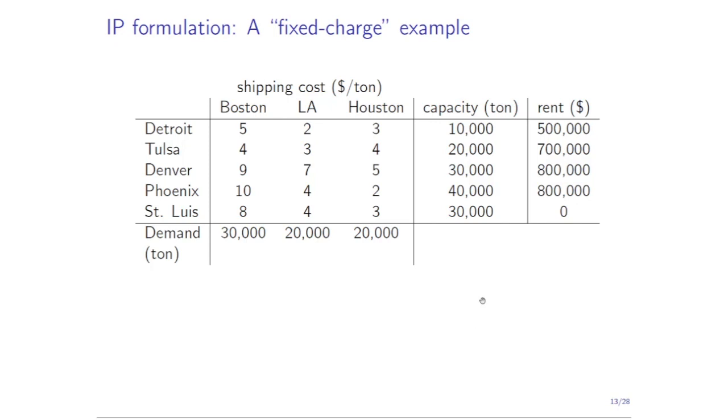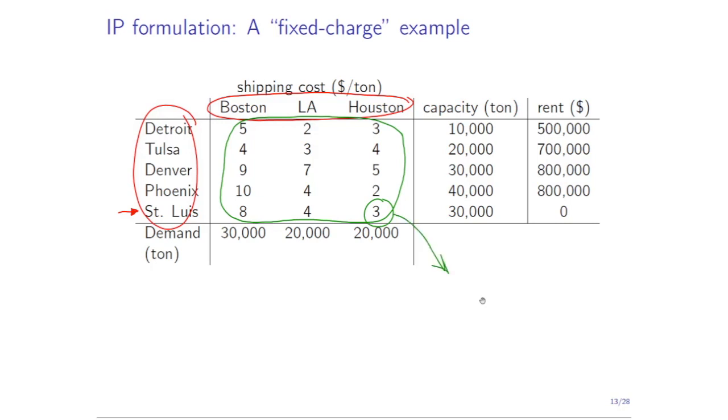As I said, we know that we will be shipping rice to Boston, Los Angeles, and Houston. The potential depots are in Detroit, Tulsa, Denver, Phoenix, and St. Louis. We currently have a depot in St. Louis. This part of the table shows the shipping cost, dollars per ton of rice.